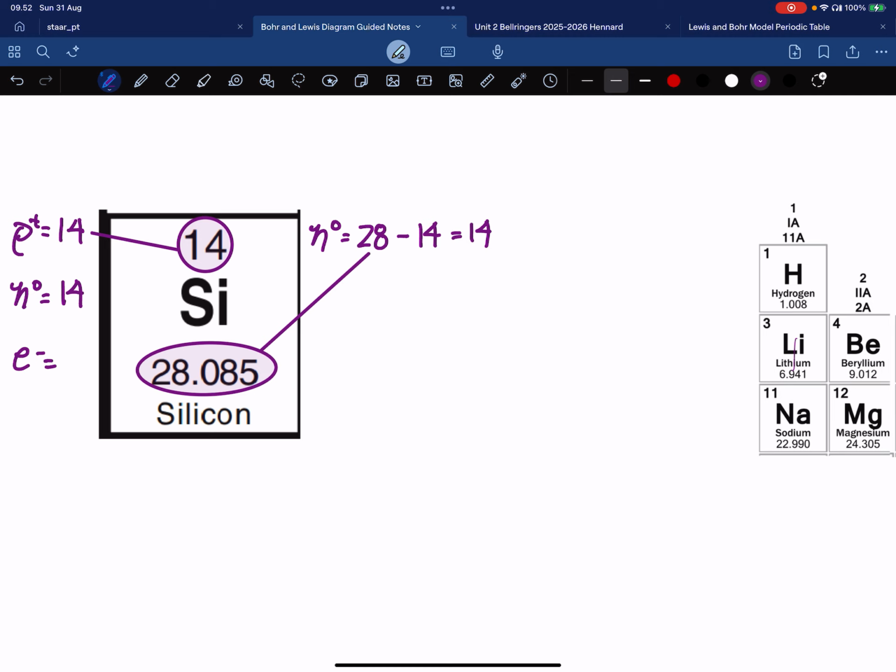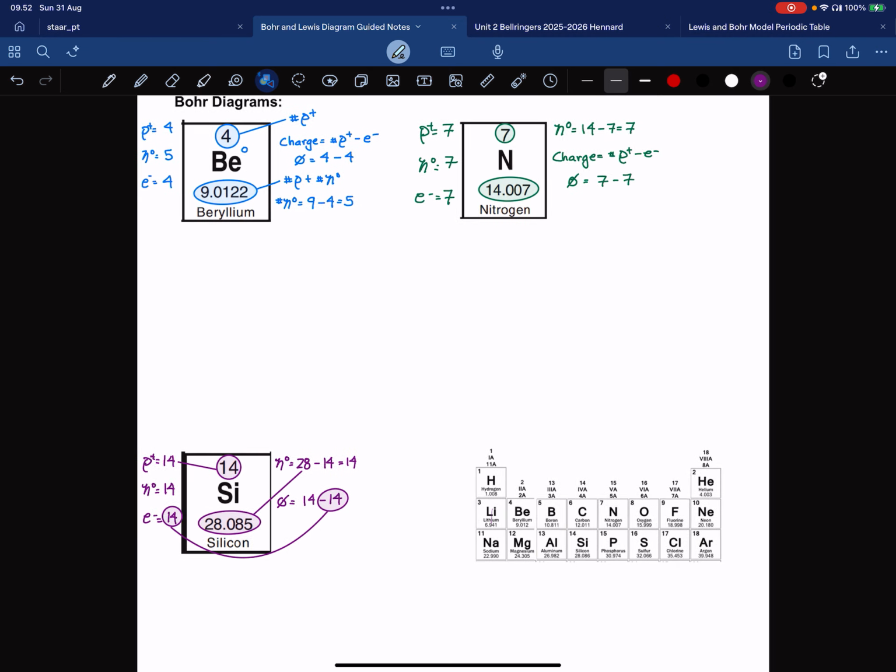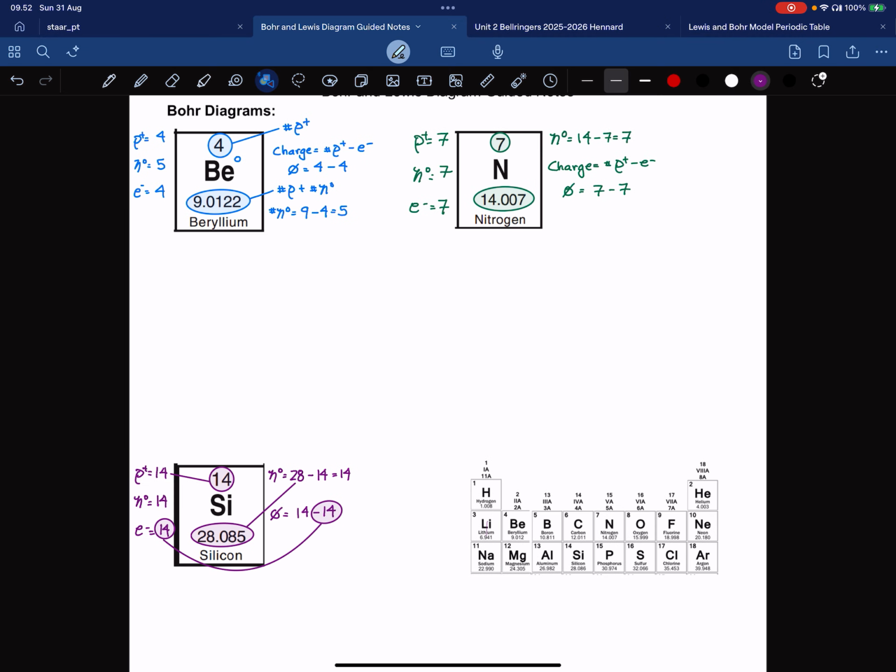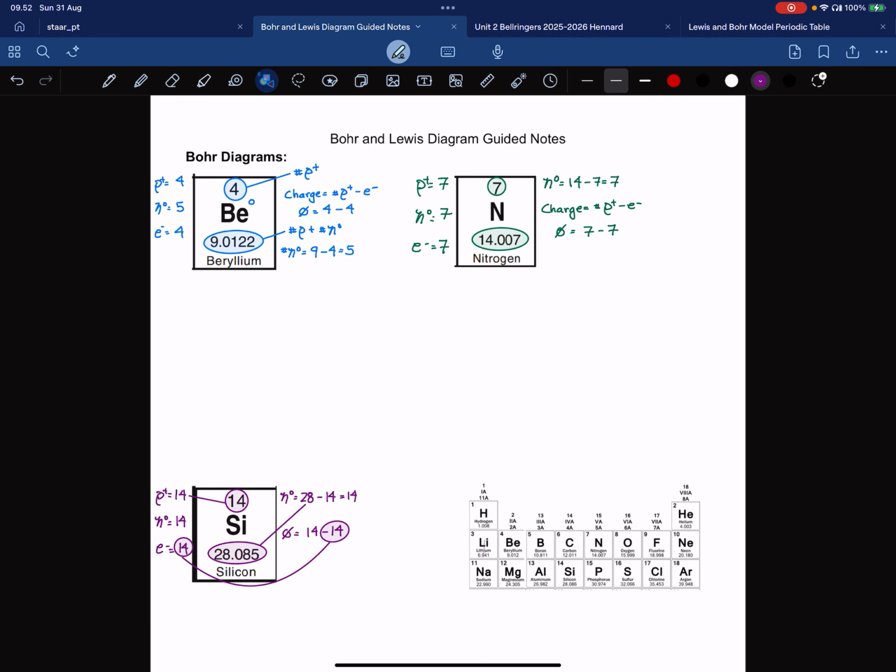And electrons, because the charge is 0 and the protons are 14, the electrons must also be 14. There we go.